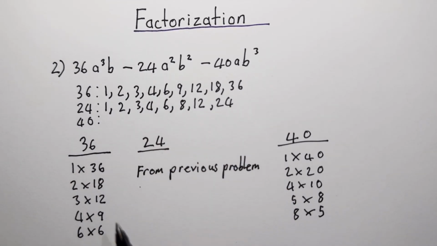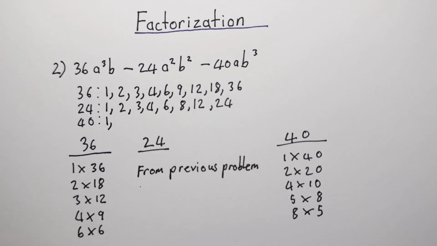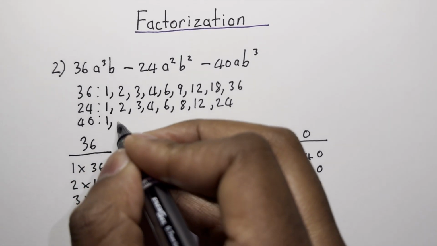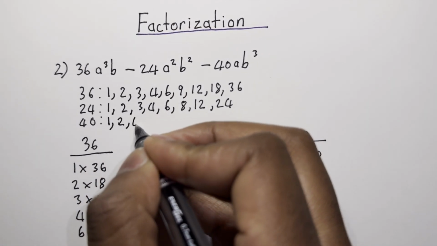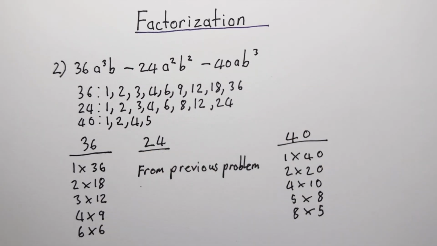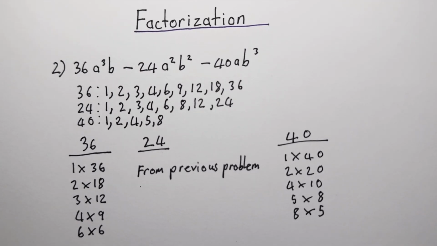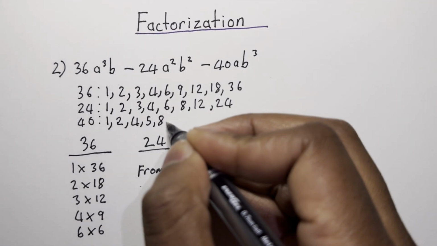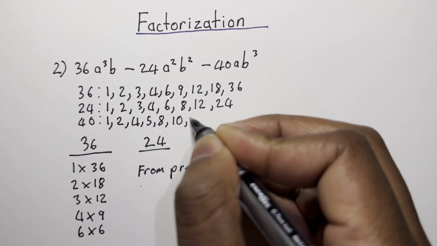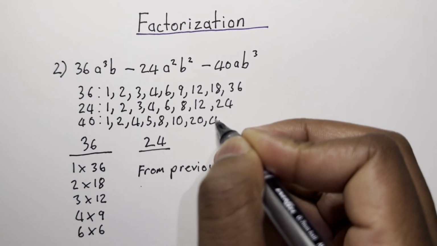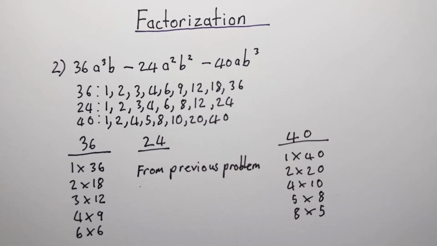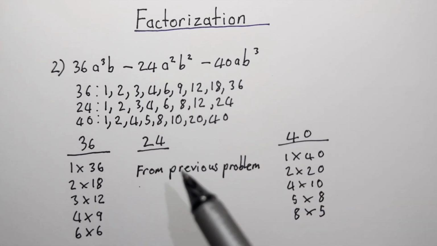So the factors of 40 are 1, 2, 4, 5, 8, 10, 20, 40. Now let's find the HCF.